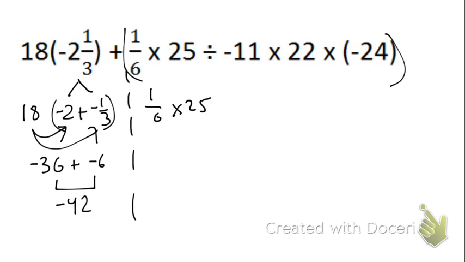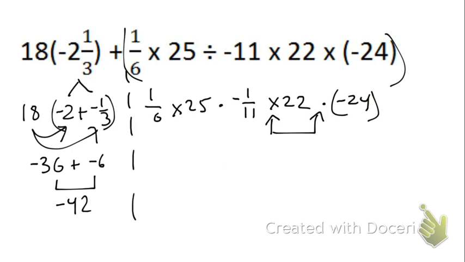Times 25. That dividing by -11 is, remember, dividing by a number is multiplying by its reciprocal. So it's like -1/11. Times 22. And times -24. Sometimes I write the X or the dot. It's the same thing. Ideally, it should probably all be the dot, but that's fine.